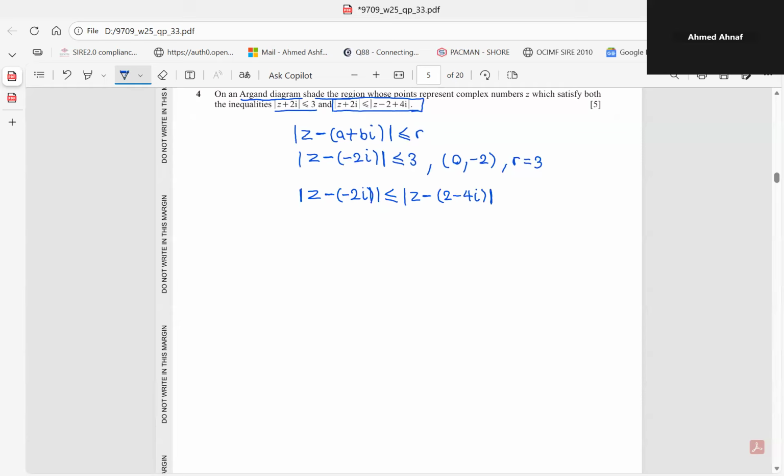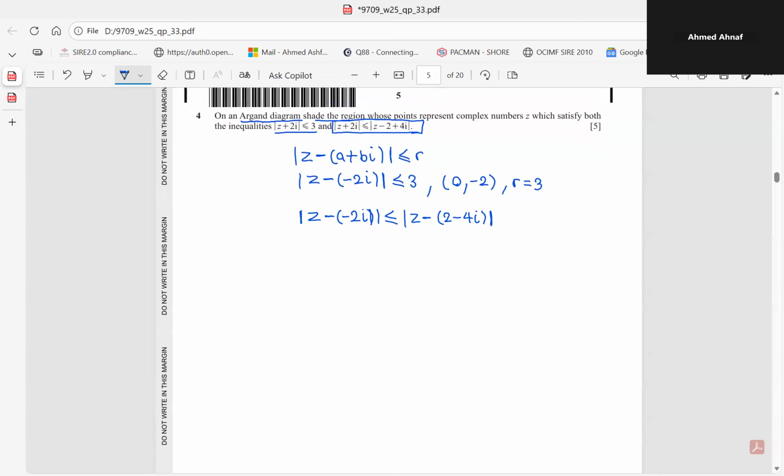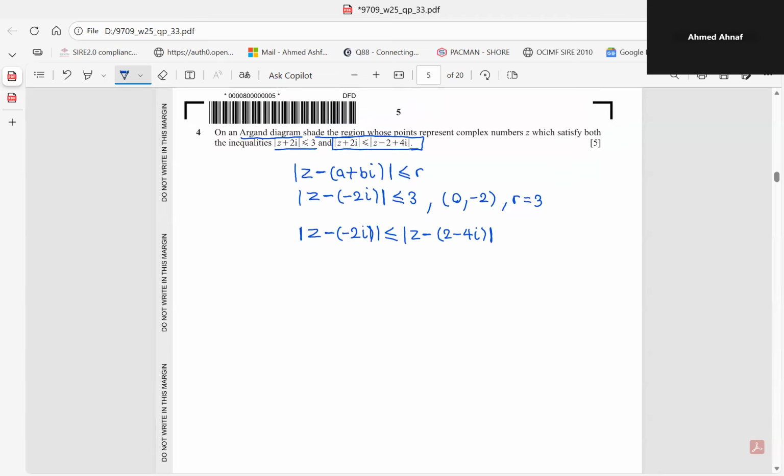So the points which we are concerned with, that you want to sketch the perpendicular bisector of, is (0, -2), since there's no real part for this one, and (2, -4).